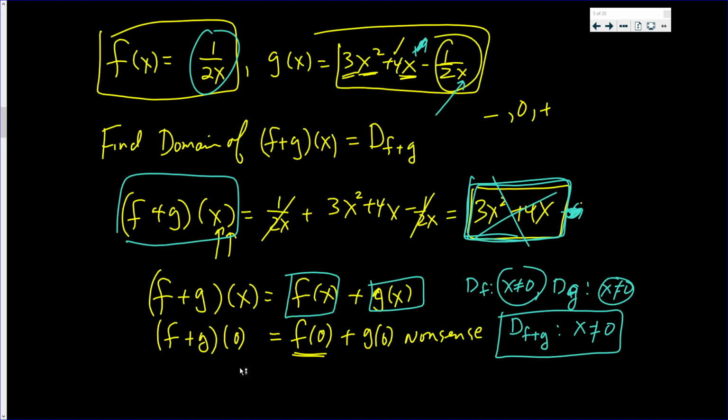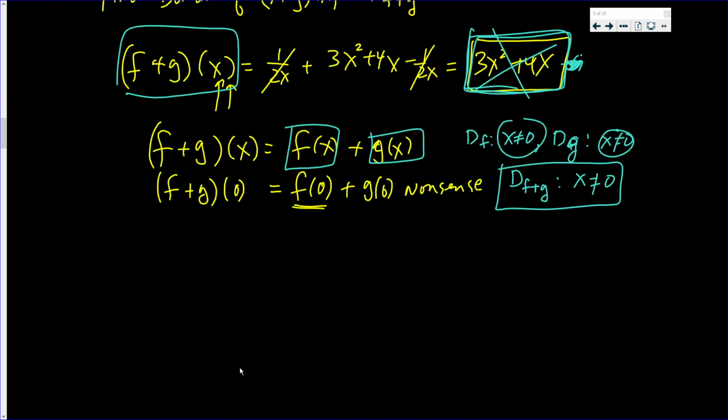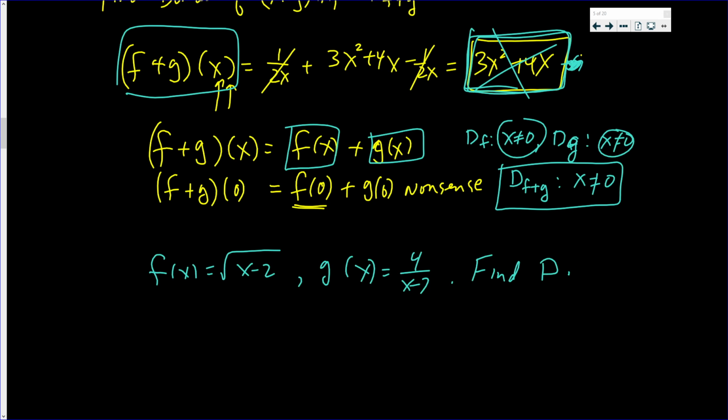Alright, so let us look at another problem. Suppose I tell you that f of x is equal to the square root of x minus 2, and g of x is equal to 4 over x minus 7, and we want to find the domain of f minus g.